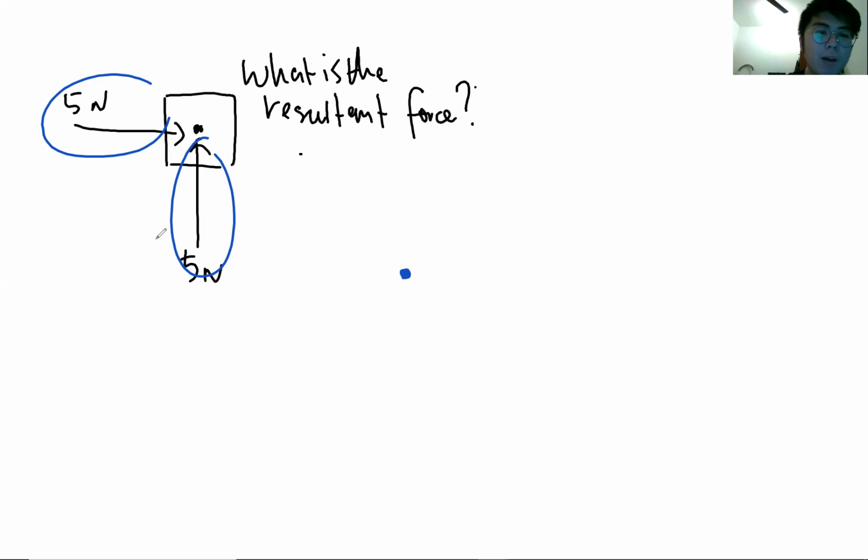Let's take the vertical one first, the one pointing upward. Okay, so we start at this point, draw it up, label it 5N, okay, vertical, and then I take the other force. So you will join the tail of the other force to this tip right here, like this, 5N.